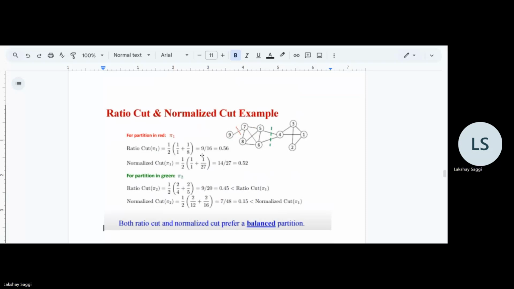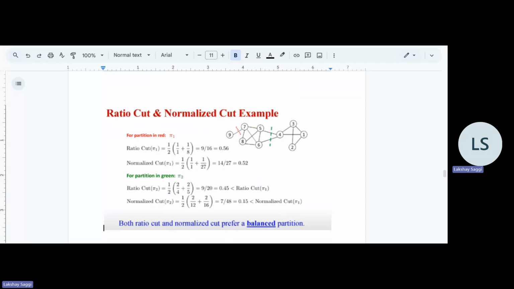Plus, this one will again correspond to the outgoing edge divided by the summation of degrees in this subset of vertices. This 7 has a degree of 3, this 8 has a degree of 3, so 3 plus 3 plus 4 plus 4, so this will be 14, plus 4 is 18, plus 3 is 21, plus 3 is 24, plus 2 is 26.